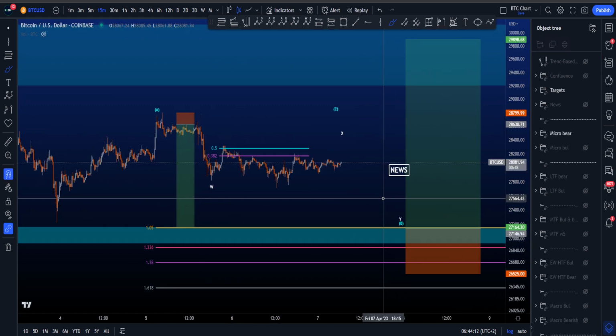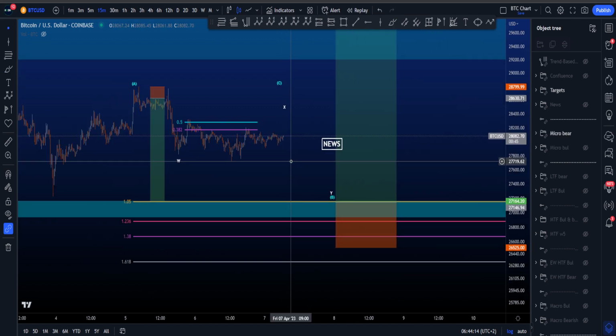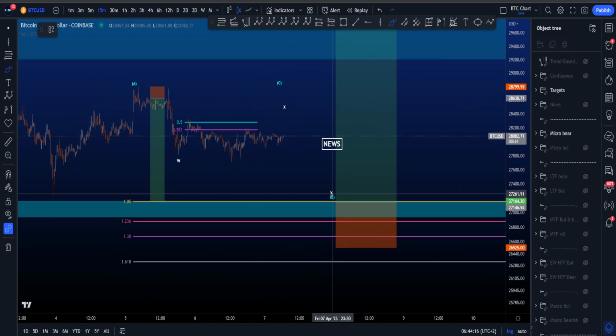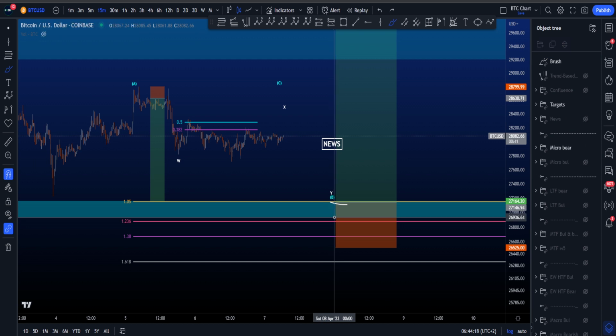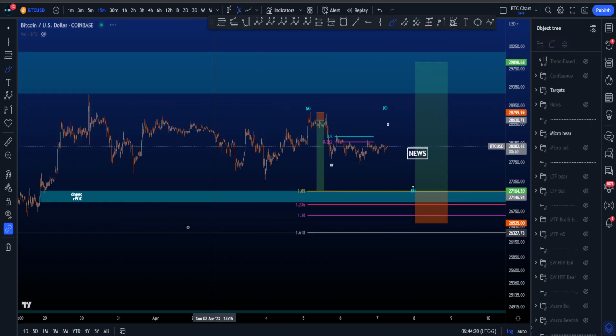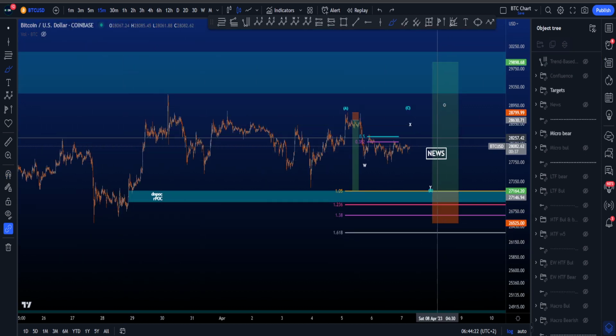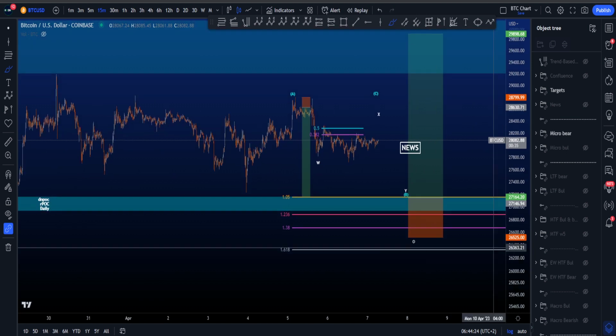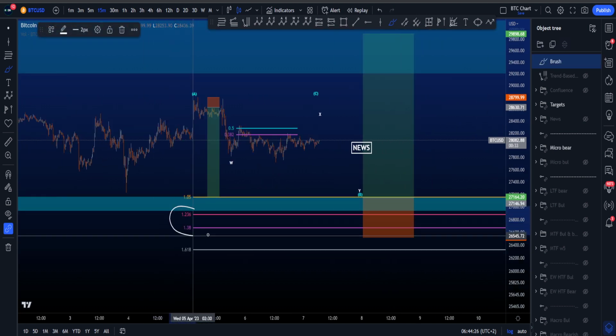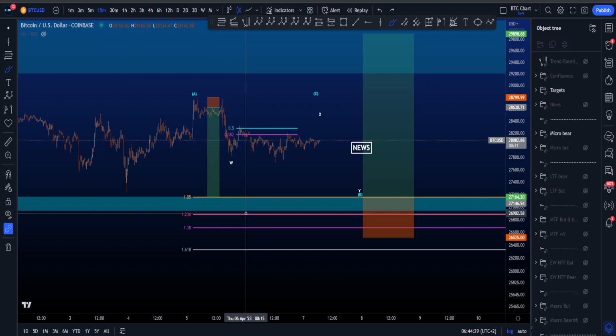That is for me an alternative, and in this particular scenario the potential long setup over here would be laddering down here, again stop loss below the lows as already mentioned, and then trading it to the upside. The most common target for wave B expanding flat is the 1.236 and the 1.38 down here, which is between 26,890 and 26.7k.